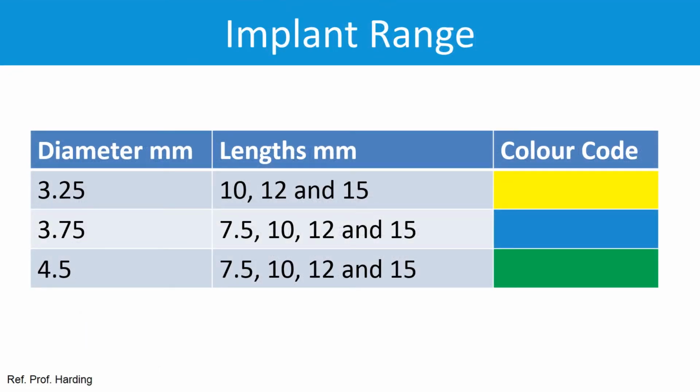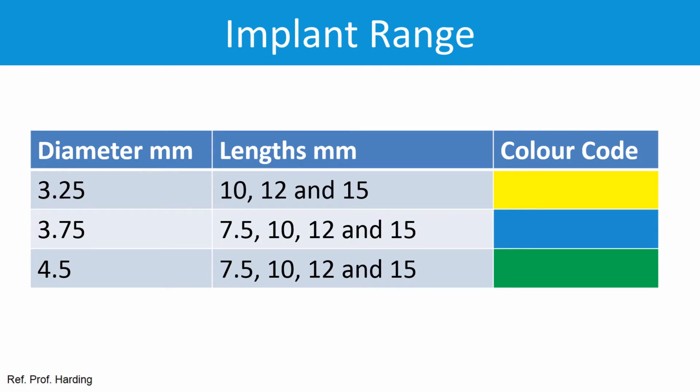So implants come in a range of lengths and diameters, and on this course the diameters which we're going to be using primarily are a narrow diameter, which is 3.25, a standard diameter, and most standard diameter implants now are 3.75, and then we move up to our large diameter implant, which is 4.5.